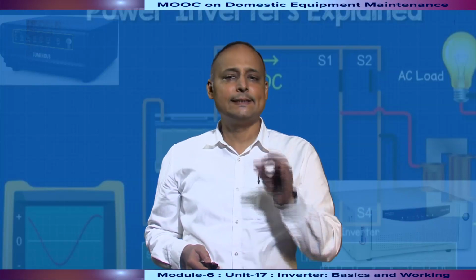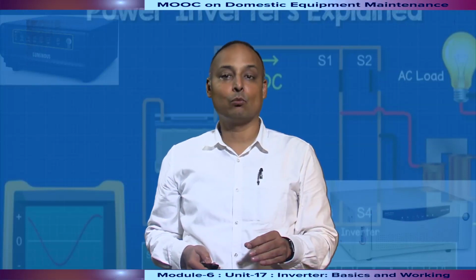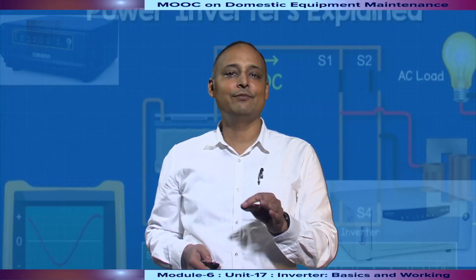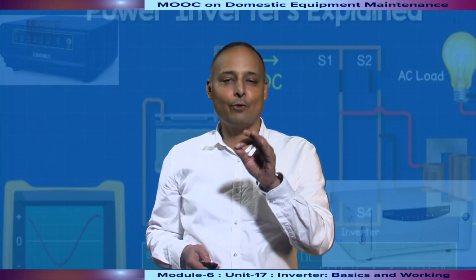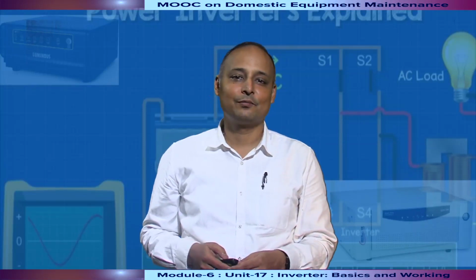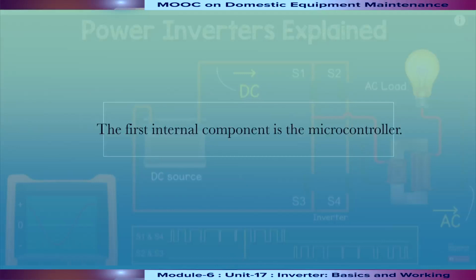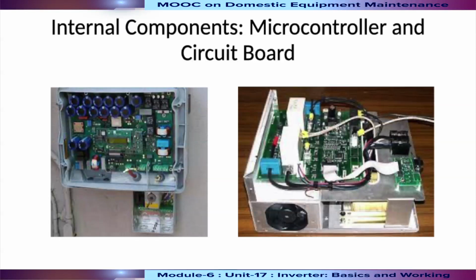Inverters have several internal components that work together to achieve the conversion process from DC to AC. The first internal component is the microcontroller. This is a small computer within the inverter that monitors the DC input voltage. It is responsible for controlling the frequency and the phase of the AC output signal.